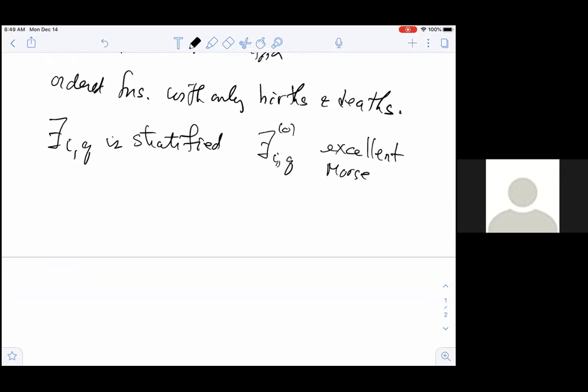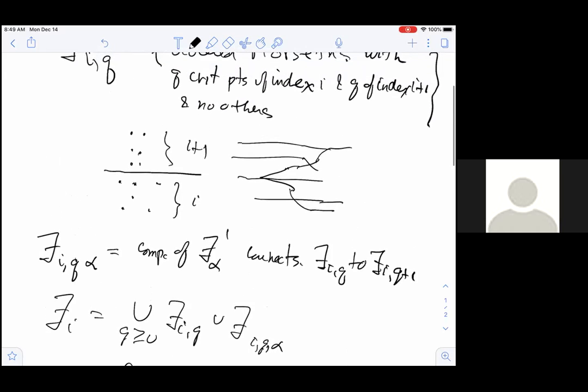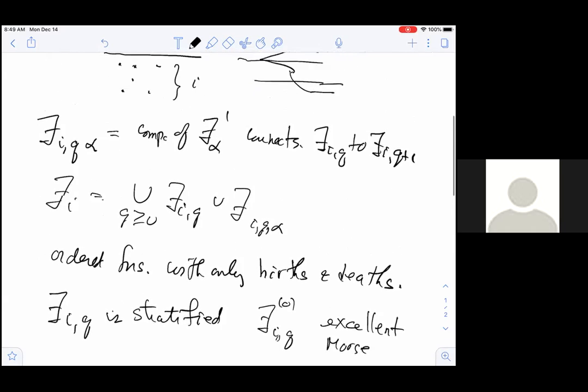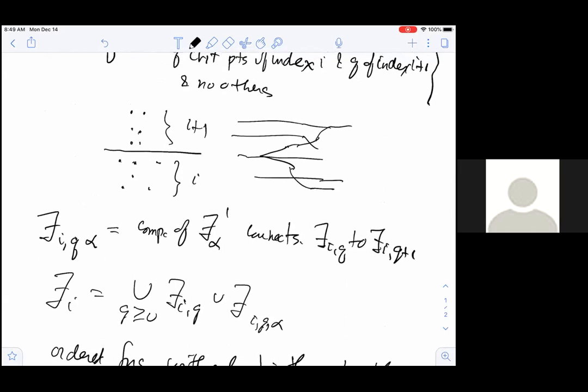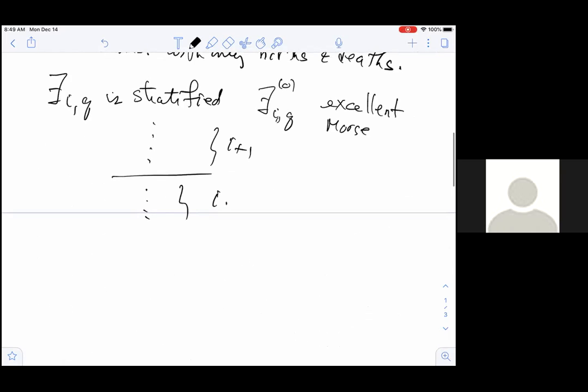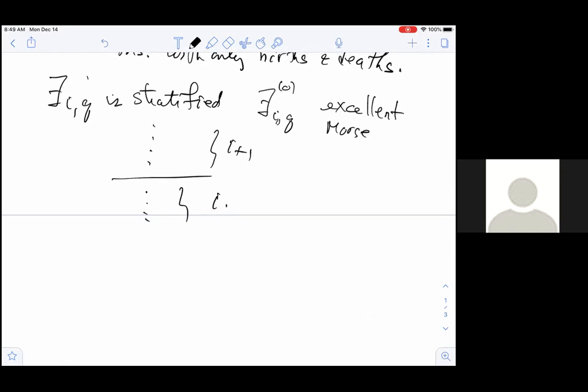The difference between the general point in FIQ and the things in the top stratum of FIQ is you are no longer allowed to have multiplicities on the critical levels. So the critical values will be distinct. These things will have critical structure like this, where this is the division between I plus 1 and I. So we can see at least locally what this stratification looks like.